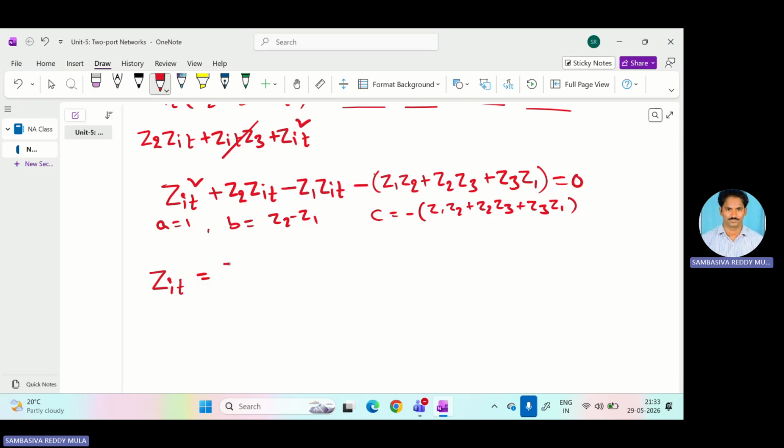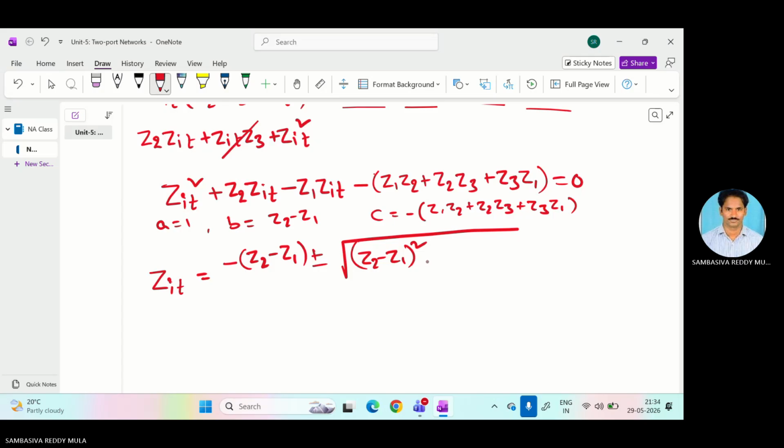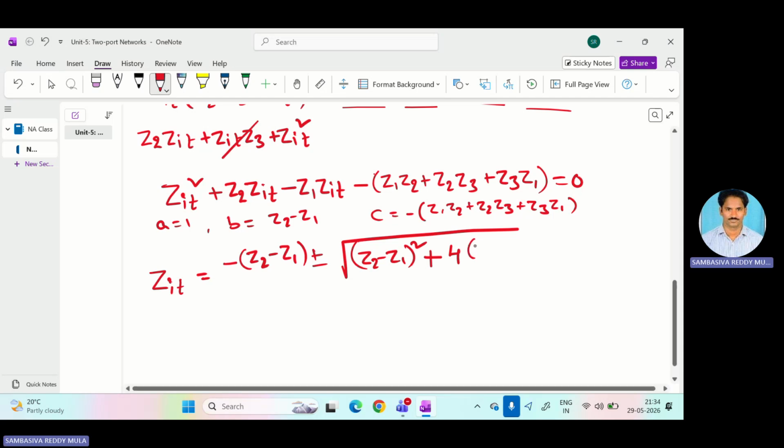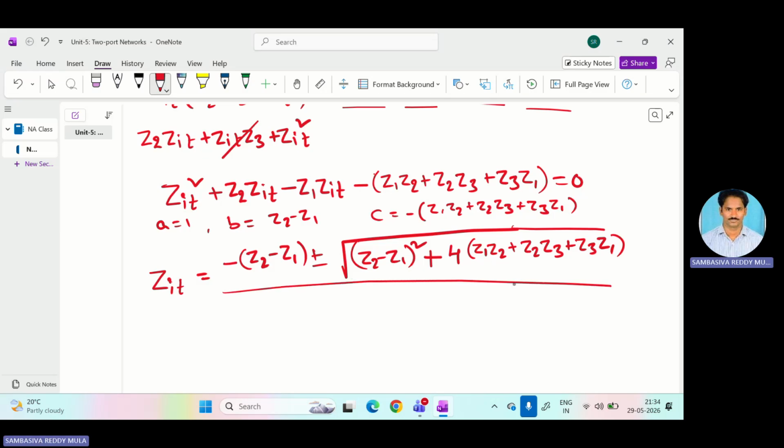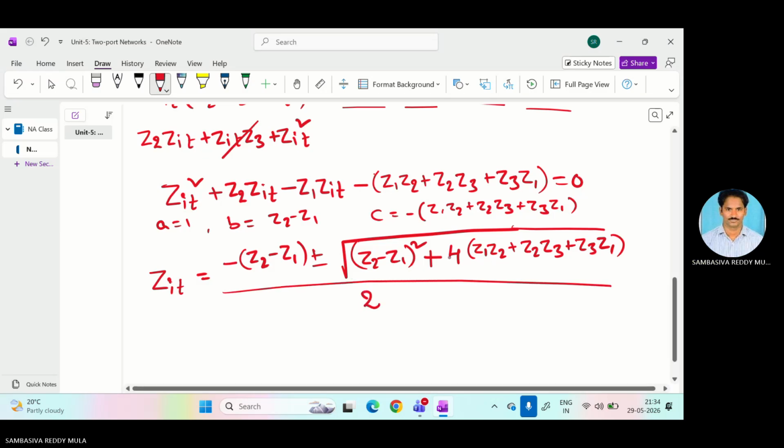If you write minus of Z2 minus Z1, this is minus B. B square means Z2 minus Z1 whole square. B square minus 4AC, minus of minus becomes plus 4. A is 1, C is this product summation Z1 Z2 plus Z2 Z3 plus Z3 Z1, divided by 2A, and A is 1. So we got the expression for ZIT.